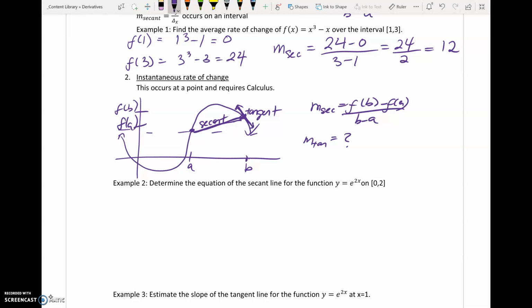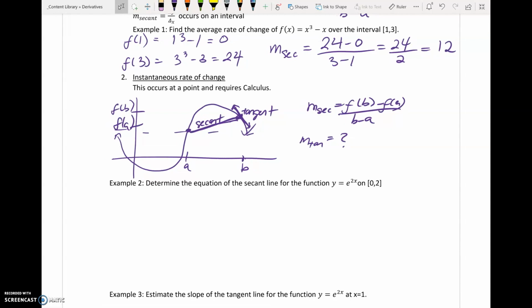So for example 2, we're going to find the equation of a secant line for our function on an interval. First thing you're going to do is find the slope, so your m secant. And when you find the m secant, we're going to need our y values over this interval.